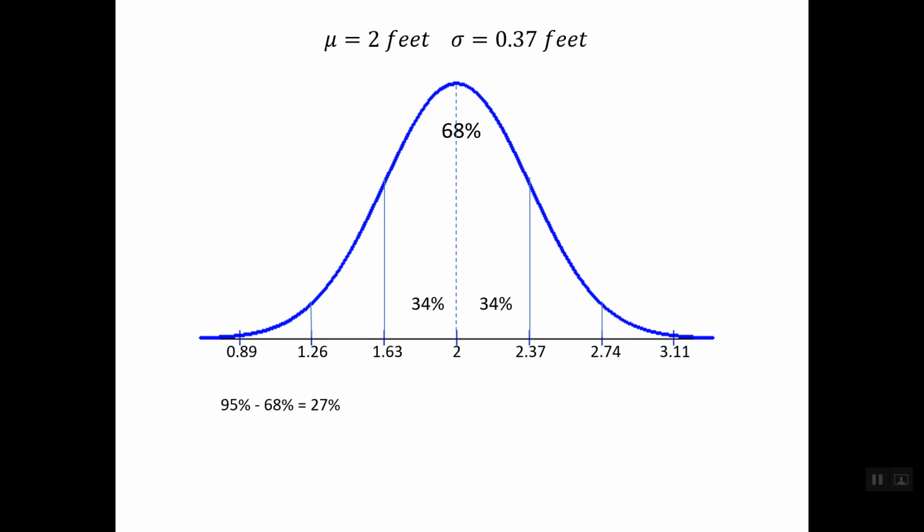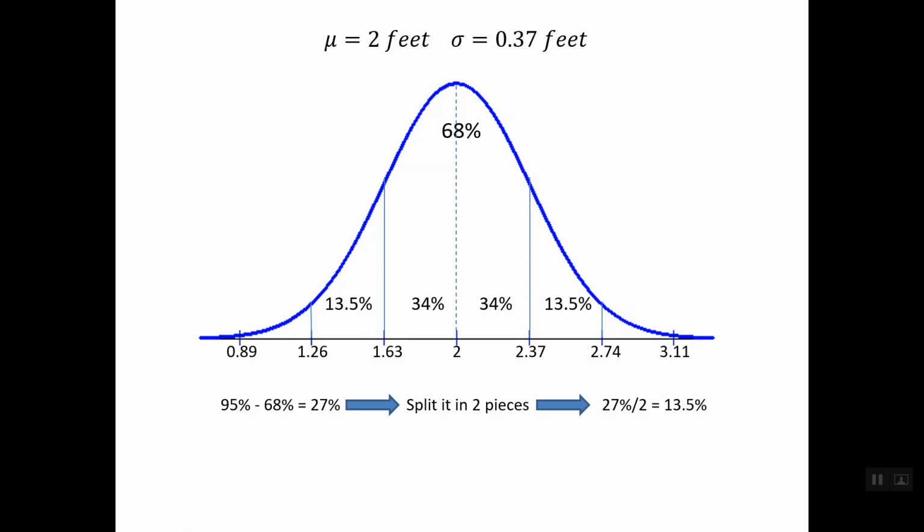So how much did I gain by going out an extra standard deviation? Well, if you look at the arithmetic here, I gained 27% more, or 27 percentage points. Now, I did that by going to the right and the left, so I have to split it into two pieces. So essentially, I gained 13.5% in either direction.